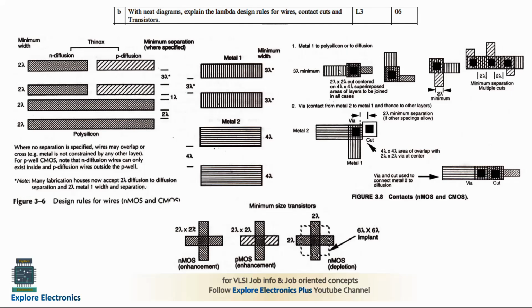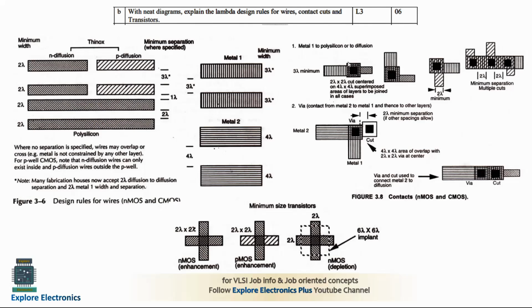Here you can see metal 1 and a polysilicon connected. So 3 lambda will be for the metal and 2 lambda representation for the polysilicon, and the two have to be connected with a contact cut like this. It will be of size 4 lambda cross 4 lambda. The metal as well as polysilicon representation will be there here.